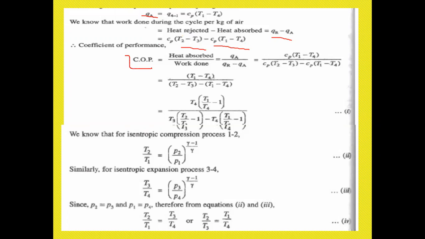Therefore, the COP is equal to heat absorbed by work done. So this is a regular formula. Coefficient of performance = heat absorbed by work done = QA by (QR minus QA). That is equal to Cp (T1 minus T4) by QR, what is QR? Cp (T2 minus T3), minus QA, and QA is this one, Cp (T1 minus T4).